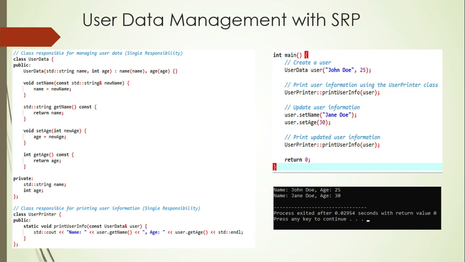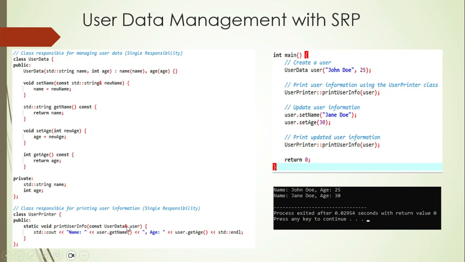This method uses the getName and getAge methods of UserData to access the information and print it in the format. You can see here we have cout name, so this will appear as such, and it is user.getName. What is user?